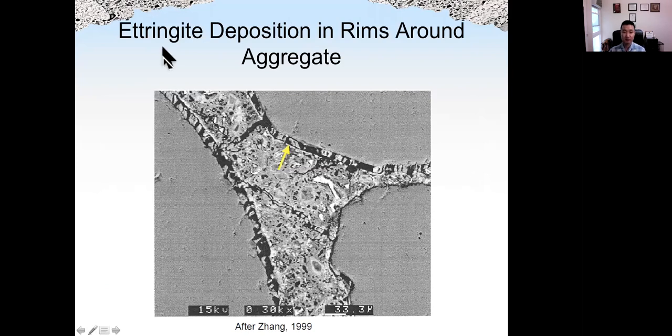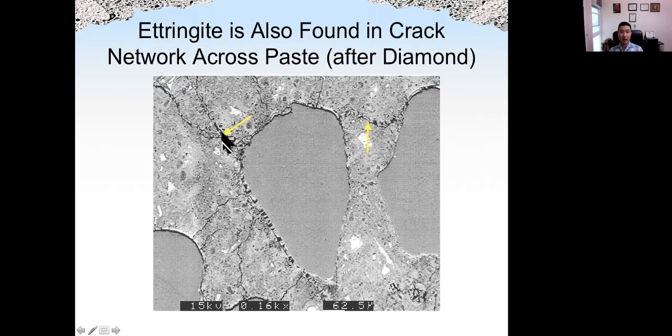Okay. Ettringite, again here in the boundary between cement paste and aggregate. So here we see the ettringite found in cracks. Okay, so whenever we have empty space in concrete, ettringite tends to form there because before ettringite is formed, it is in liquid form. And also the ettringite here in the ITZ.